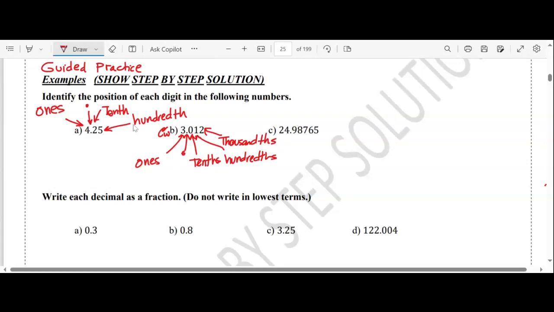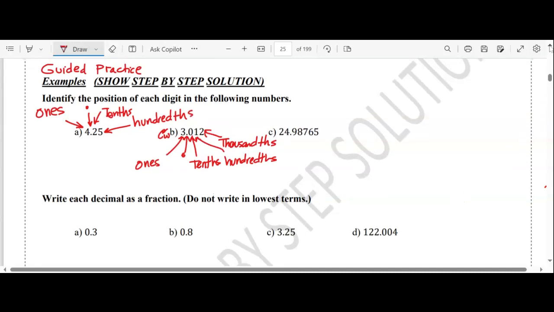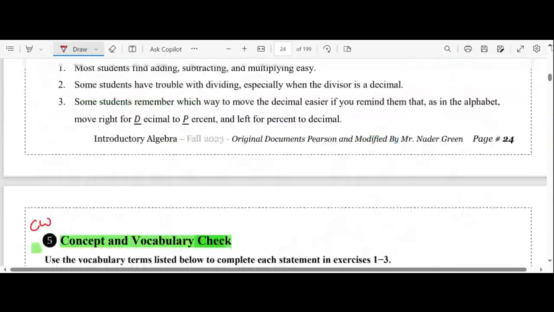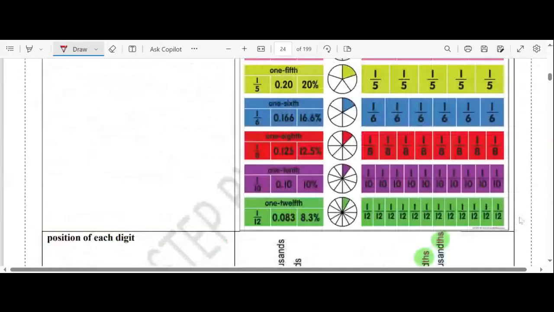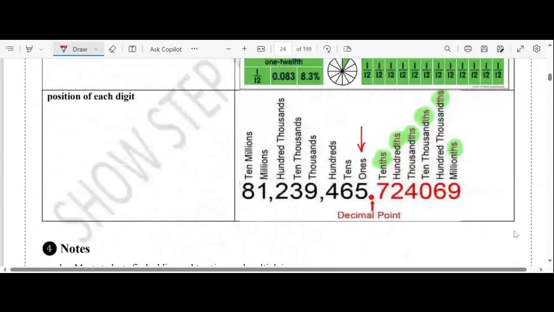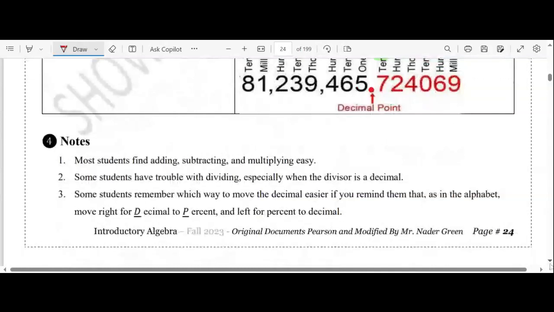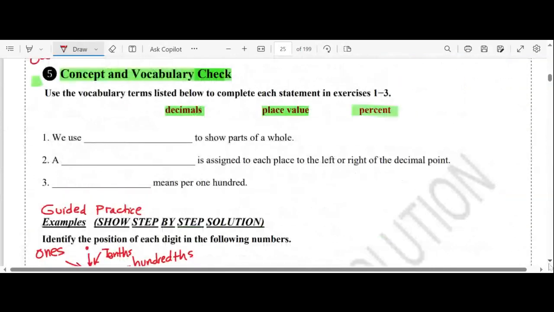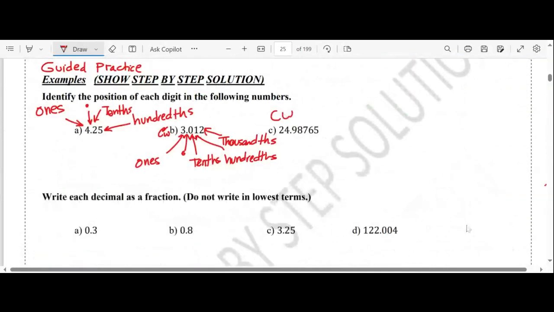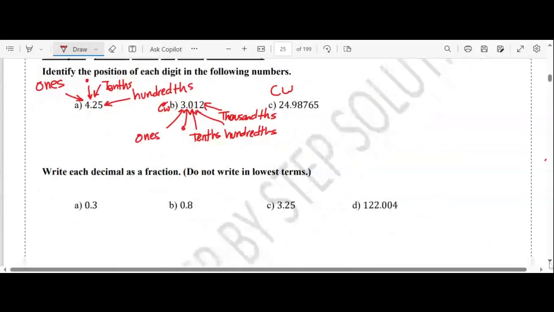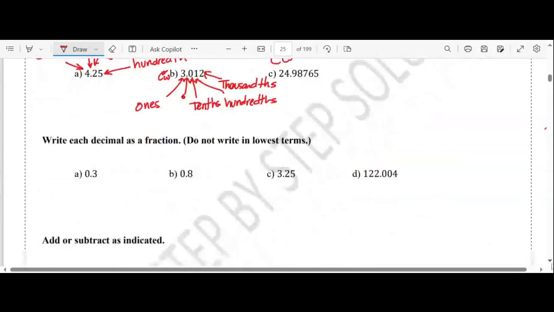Okay, is this clear? Clear or not clear? If you understand, raise your hand. This one is very important, okay? Do this one for classwork if you can. I'll just move on to the next one.